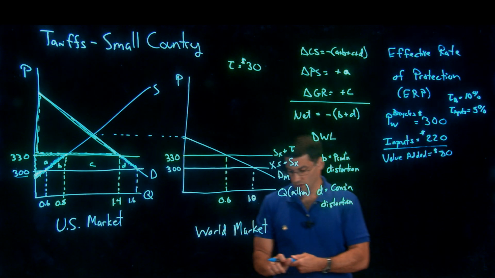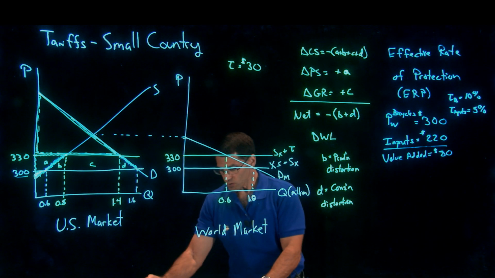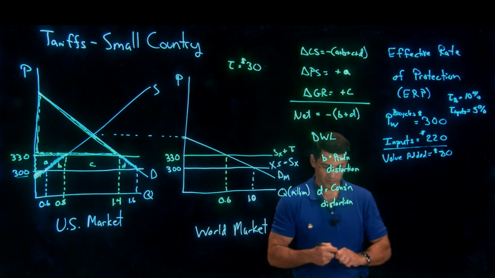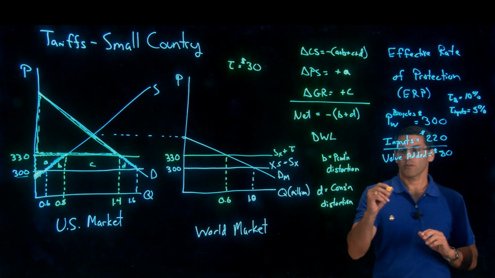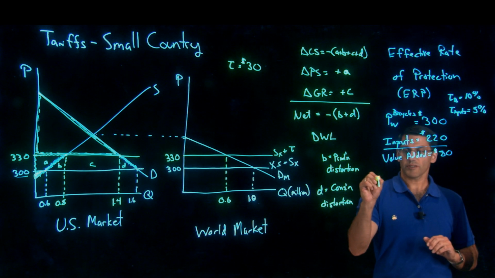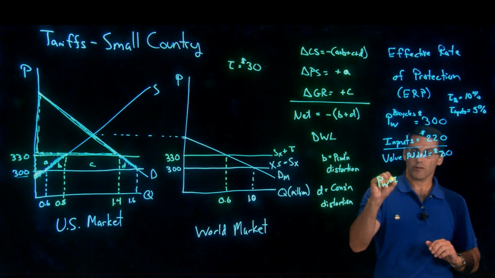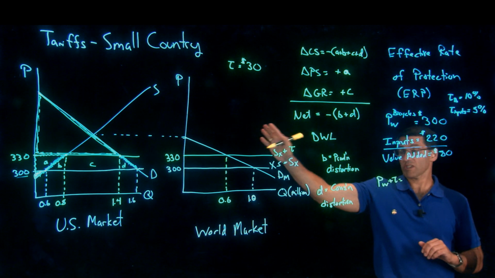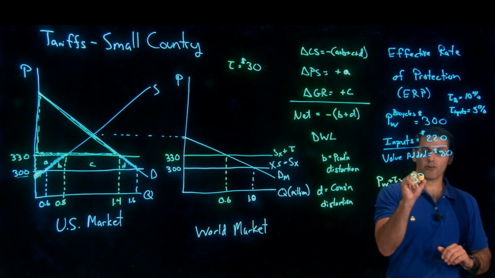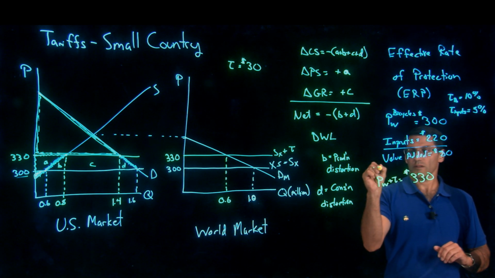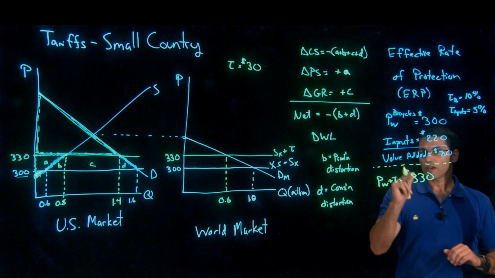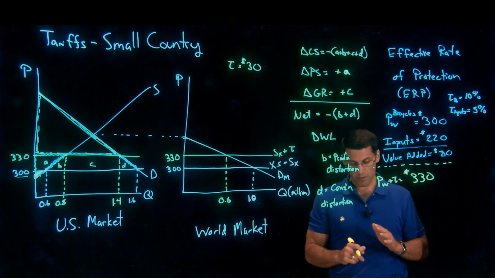So what does this mean here? When we take the two pieces together, with the tariff we're going to have a new price of $330. Again, we're just continuing with the example that we had in our graph. And what happens to the price of our inputs?